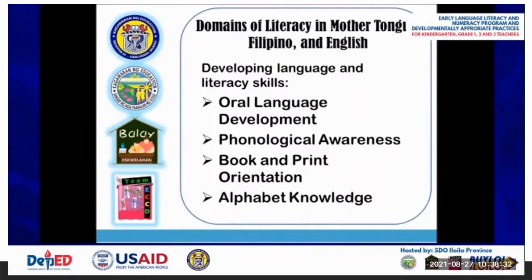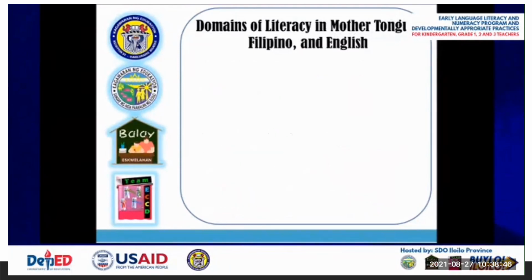Alphabet knowledge. The learner recognizes, names, and sounds out all the upper and lower case letters of the alphabet. Word recognition. The learner uses sight word recognition or phonic analysis to read and understand words that contain complex letter combinations, affixes, and contractions.